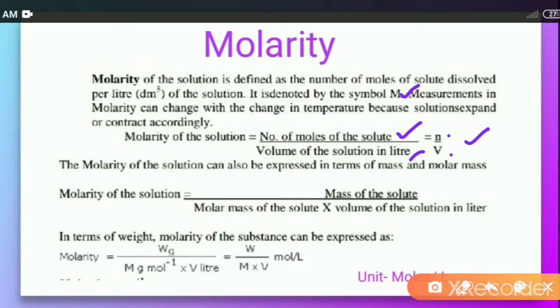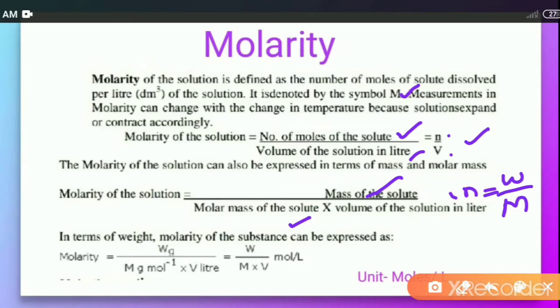The number of moles n can be calculated by the formula given mass by molar mass, as we have discussed already. So in place of n we can write mass of the solute divided by molar mass of the solute. So n is equal to W by M, where W is the given mass and M is the molar mass.